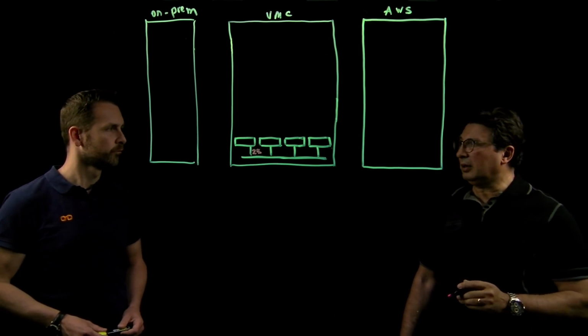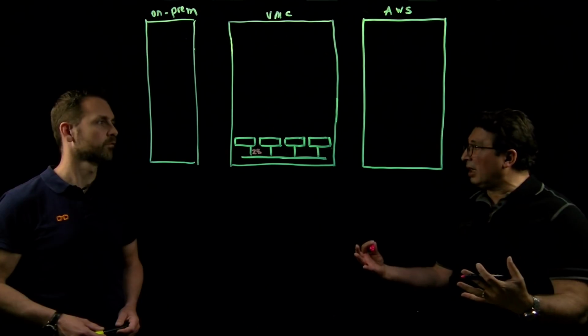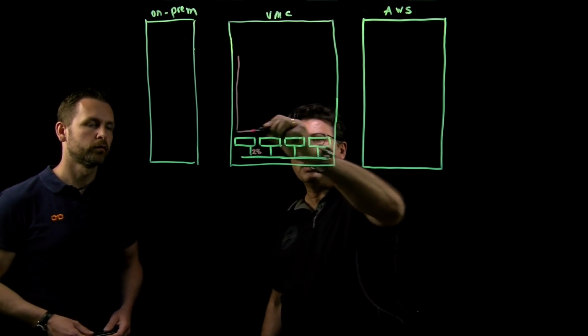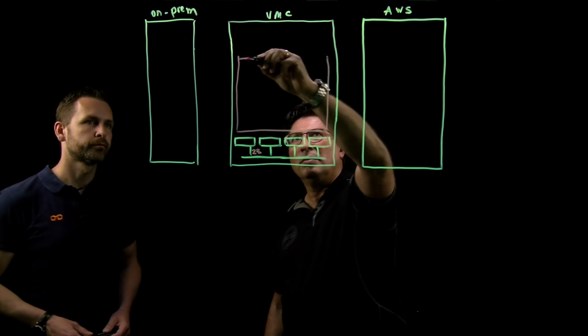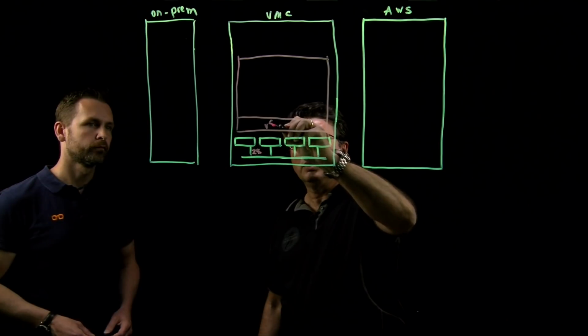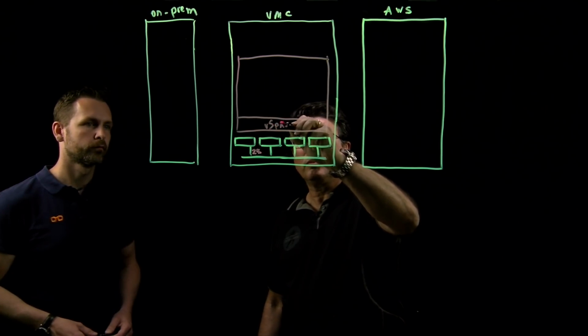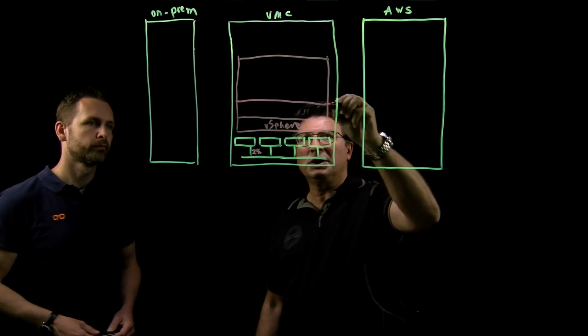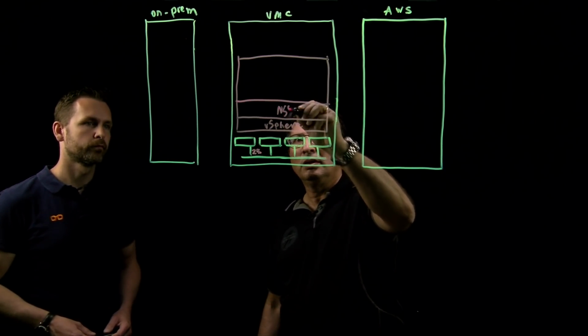On top of that, we deploy the full stack from a VMware point of view. So we have this SDDC stack, which is basically for the compute, vSphere. We have NSX, which is the networking part.